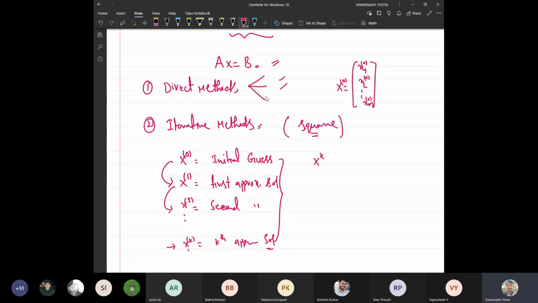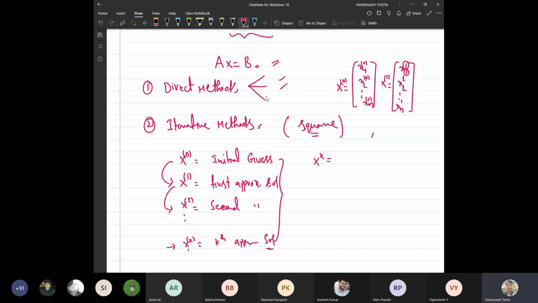Similarly, x1, the first approximate solution, will have another set of values: x11, x12, and so on up to x1n, in which the prefix represents the iteration number, and the suffix represents the variable.